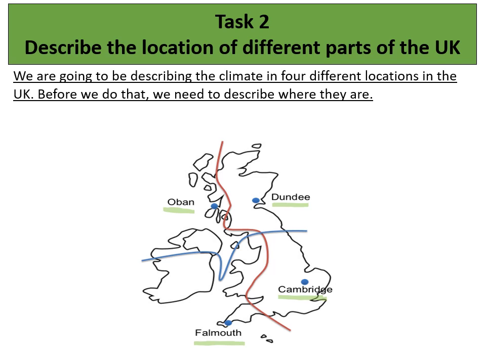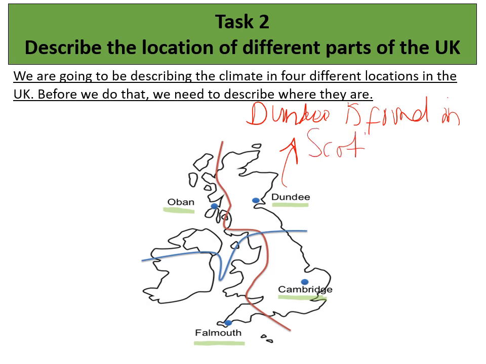So we're going to do Dundee. Dundee is found in Scotland. And then you have to decide whether you think it's found in the centre or in the middle of the country, or whether you think it's on the border. I would say it was quite close to the coastline. So I'm going to say Dundee is found in Scotland, near the coast.